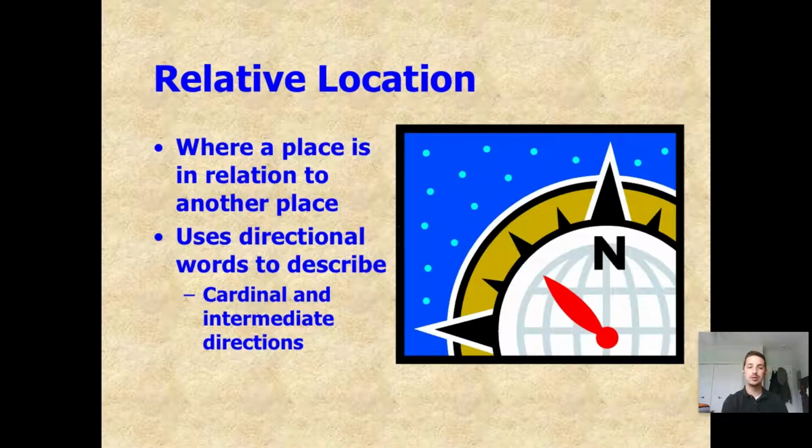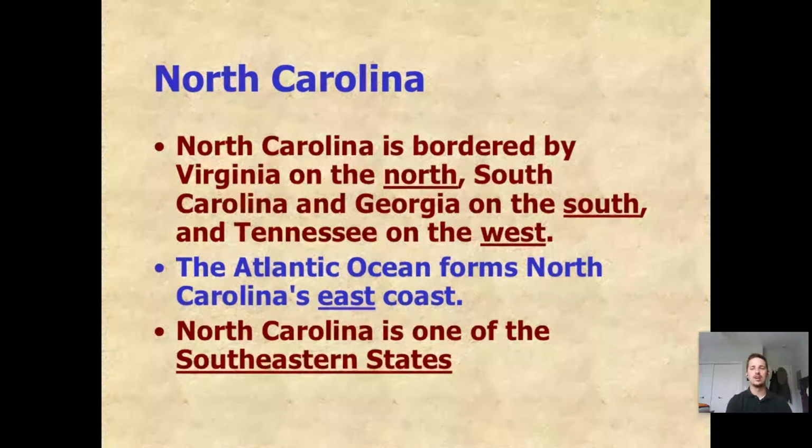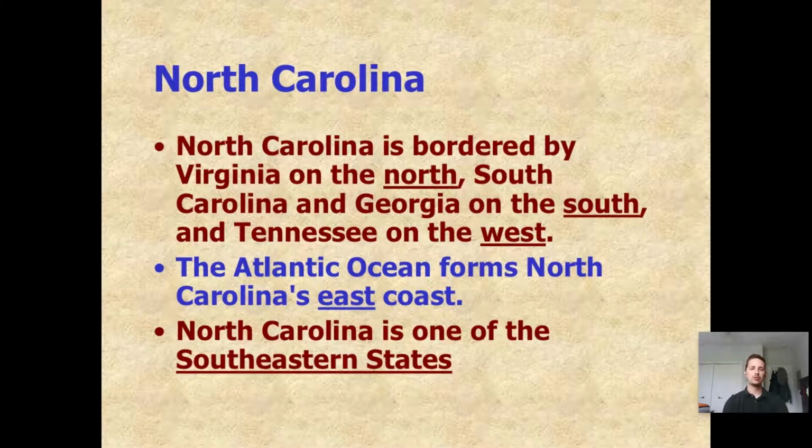So relative location, guys, this is really easy. Relative location talks about where a certain place is in relation to or relative to another place. And we use directional words to say this. And here's the example that I included for you. North Carolina is bordered by Virginia to the north, South Carolina and Georgia to the south, and Tennessee to the west. The Atlantic Ocean forms North Carolina's east coast.